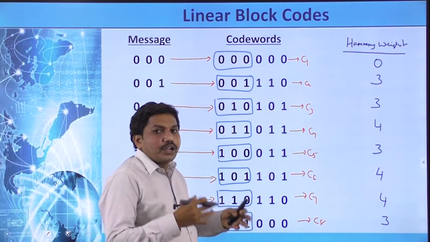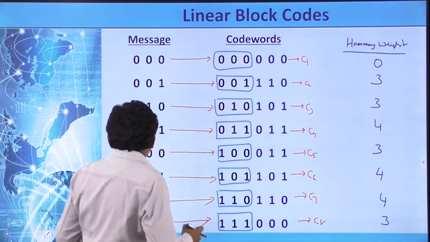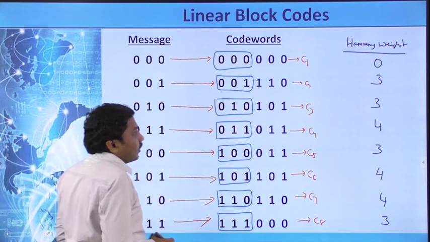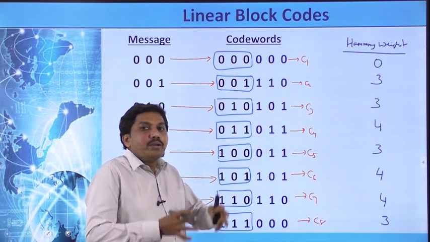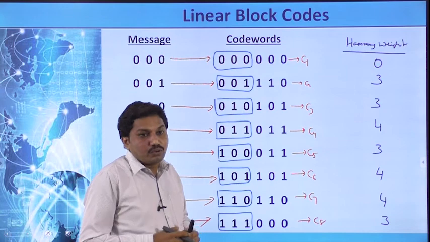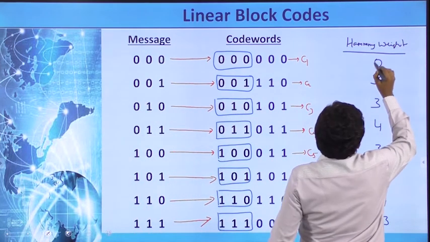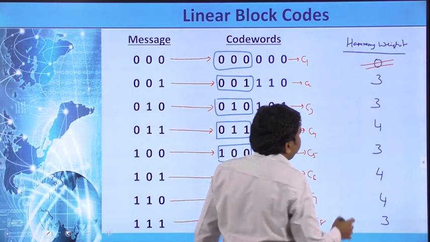So calculate the Hamming weight of each code word. And how to calculate d minimum? That is the minimum Hamming distance. Minimum Hamming distance is nothing but the minimum weight of a non-zero code word in the code. So non-zero code word means you can remove this one. Out of the remaining, which is the least one? 3.